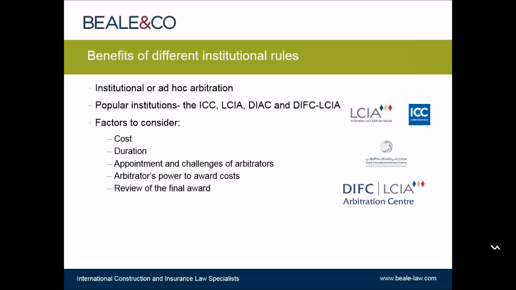Each institution has its own set of rules which provide a framework for the arbitration and its own form of administration to assist in the process. Now, there are approximately 1,200 arbitration centers worldwide for parties to choose from. Parties can choose an institution based on their location and where their transaction is taking place.